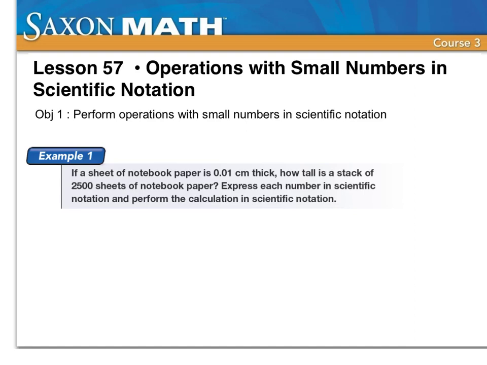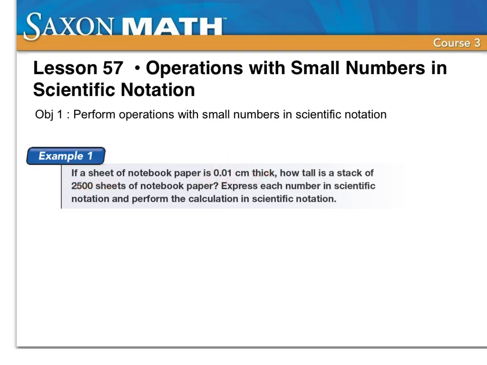So, example 1 says if a sheet of notebook paper is 1/100th of a centimeter thick, how tall is a stack of 2,500 sheets of notebook paper? And it says first we want to express each number in scientific notation and perform the calculation in scientific notation. If I want to know how tall that stack is, each sheet is this much, and I've got this many sheets.